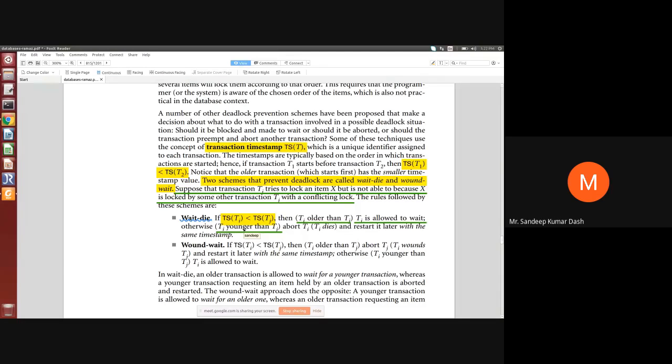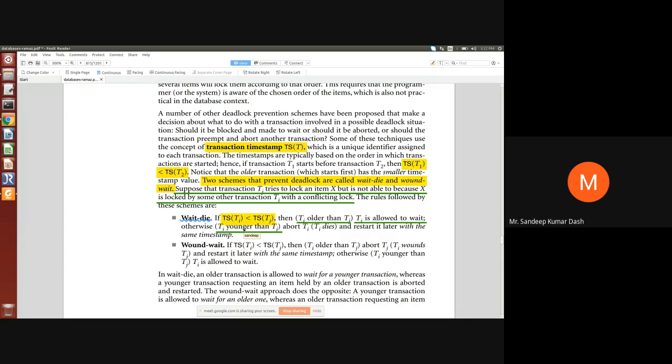In the first case, the older transaction is requesting, and it is allowed to wait because it is older. But in the second case, when the older transaction is holding the item and the younger transaction is requesting, it will be directly aborted. Whatever operations it has performed will all be gone, and it will be restarted later with the same timestamp.